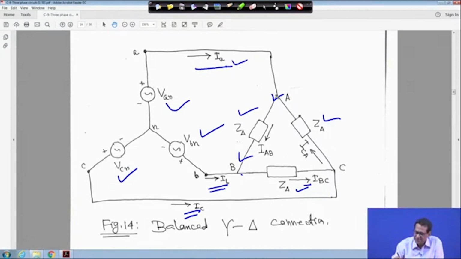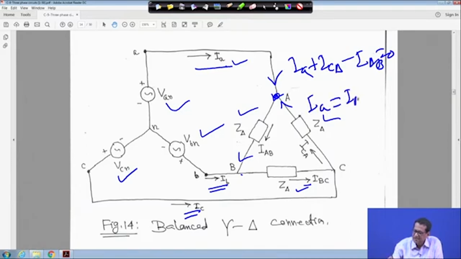Now, we will come to this later, but if you apply KCL here, this current IA is incoming, and this current ICA is also coming in, so plus ICA, and this current is leaving, so minus IAB is equal to 0. That means IA is equal to IAB minus ICA.